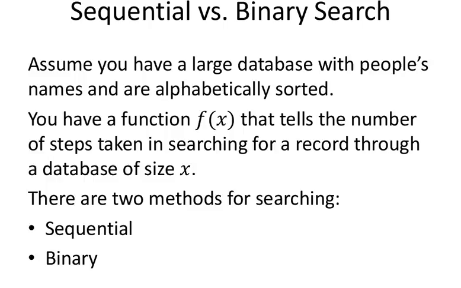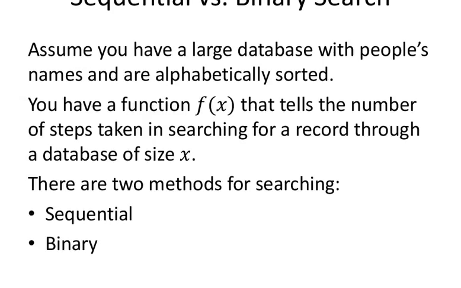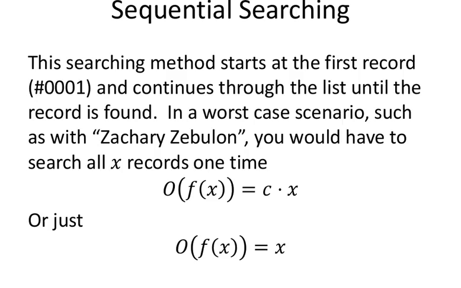One example that the book gives is you're searching through an alphabetic record. You have a sequential search versus a binary search. There are two different ways you can find somebody's name in an alphabetized database. Sequential search is basically seeking through the database one person at a time, starting at A to B to C to D, making a comparison of each record.